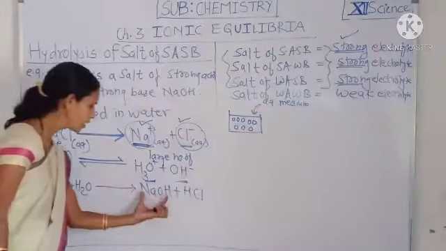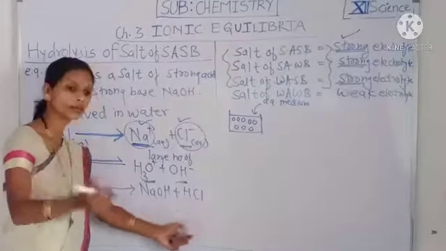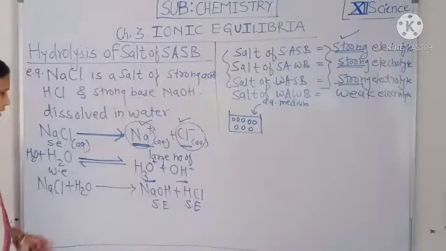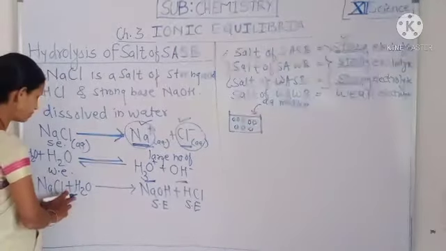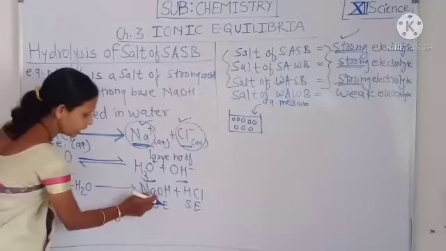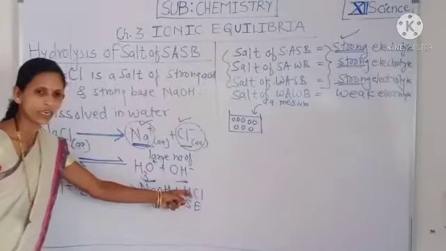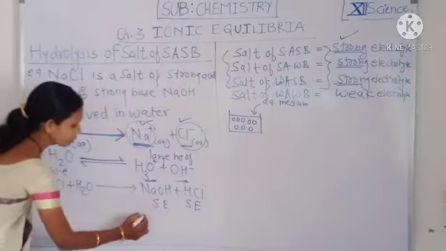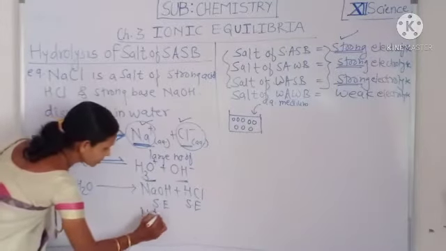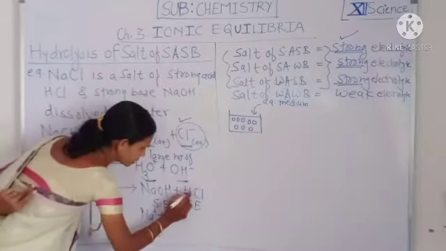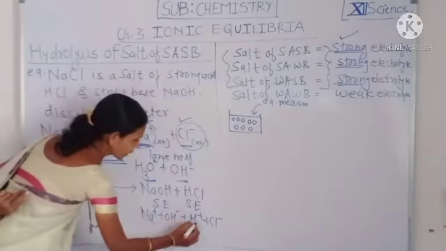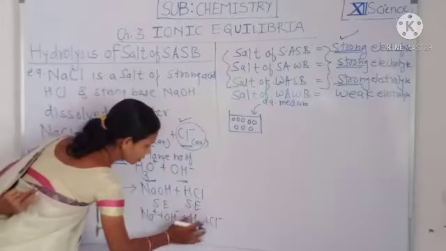As NaOH and HCl are both strong electrolytes, in the aqueous medium they dissociate completely again to give Na plus and OH minus ions, and HCl gives H plus and Cl minus ions, or the hydronium ion, H3O plus.